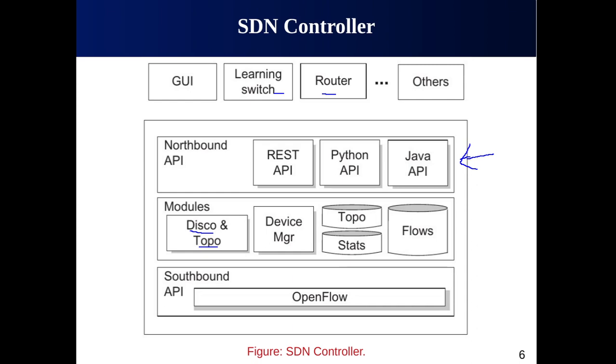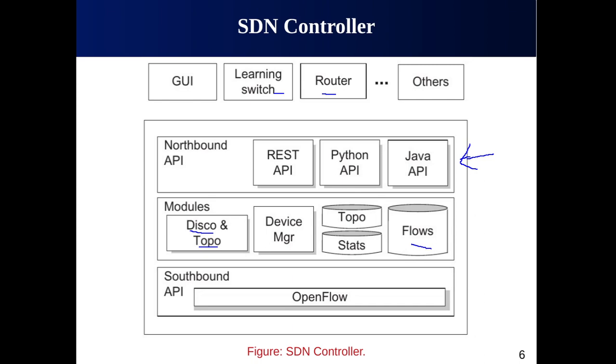We also have another core module, flows management, which maintains a database of the flows being managed by the controller, and performs all necessary coordination with the devices to ensure synchronization of the device flow entries with that database.